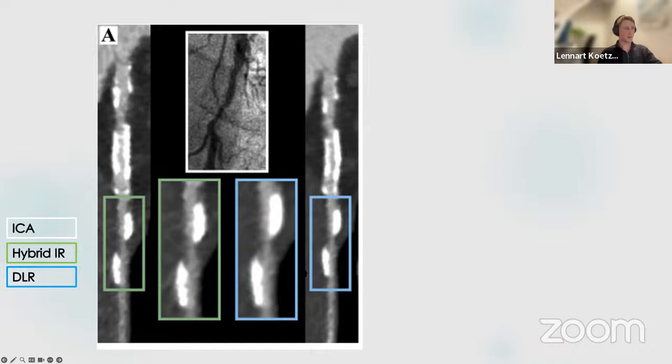In this patient, one radiologist diagnosed non-obstructive coronary artery disease with hybrid iterative reconstruction, while the same reader diagnosed a high-grade coronary stenosis with DLR. And eventually, invasive coronary angiography revealed a high-grade stenosis. So here, DLR was more accurate.